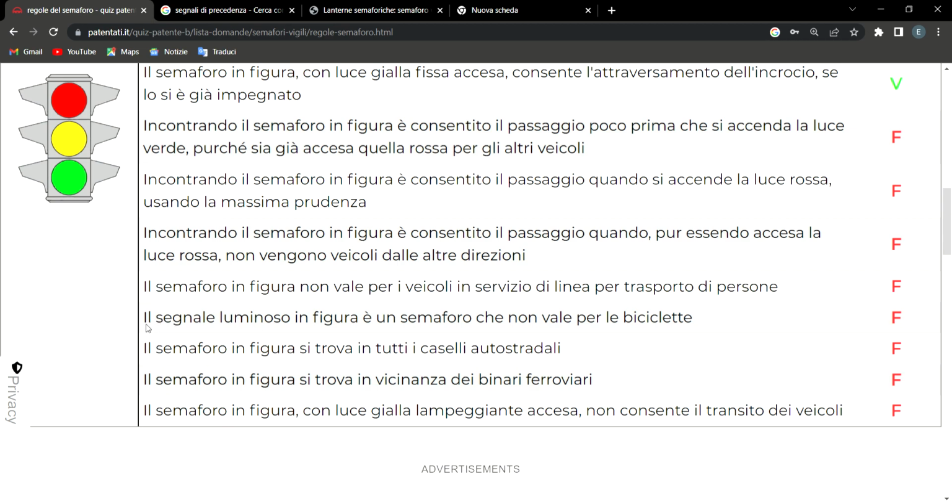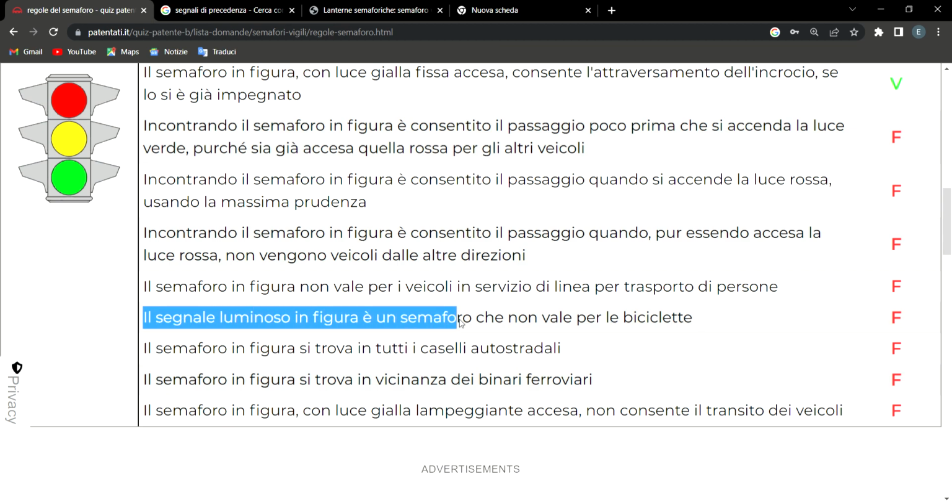Another one again says, "il segnale luminoso in figura è un semaforo che non vale per la bicicletta." So he says this very sign is a traffic light which is not valid for the transit of bicycles. This traffic light is there for everyone passing on that place to always obey.